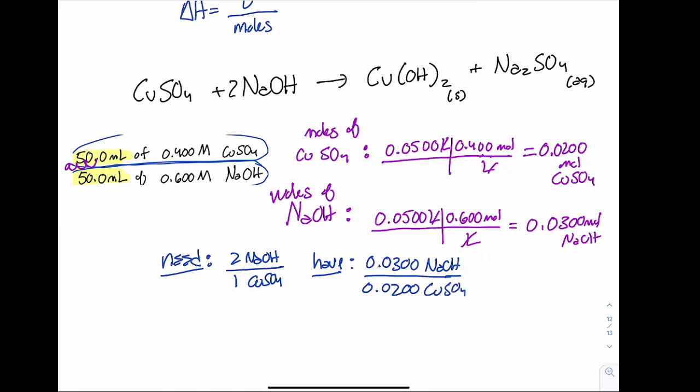And when I divide that out, I get 1.5 sodium hydroxide, drop some sig figs, over 1 copper 2 sulfate. So I need 2 for every 1. I have 1.5. So I need 2, I have less than that. So what that tells me is that sodium hydroxide is limiting.